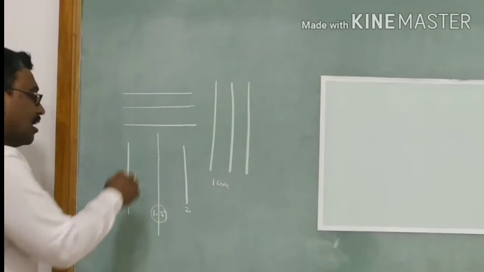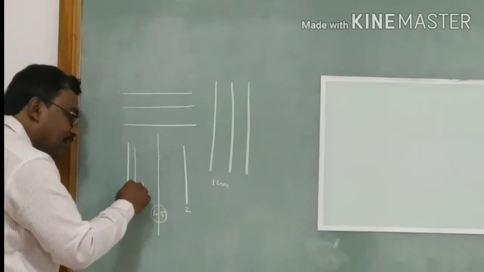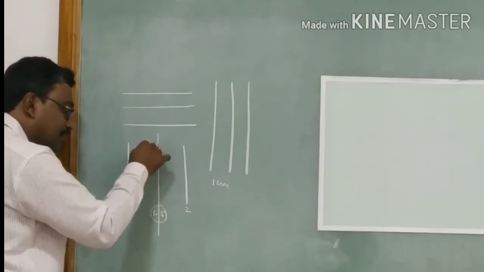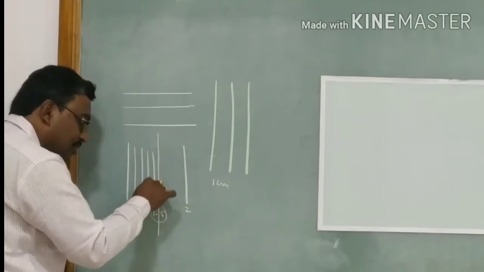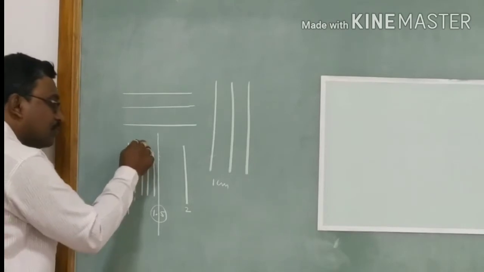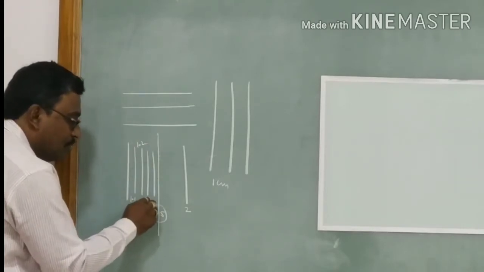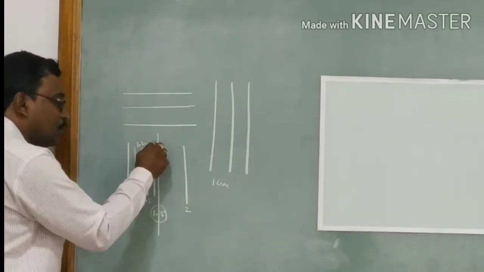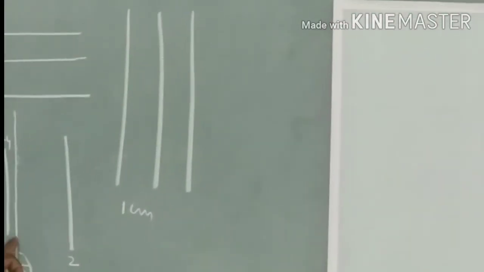And between this also, there will be lines again, 4 lines will be there. That indicates that this is 1, 1.1, 1.2, 1.3, 1.4, 4 lines will be there.